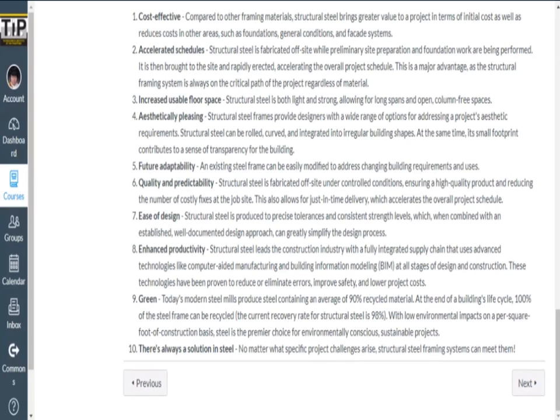Okay. Next, aesthetically pleasing. Structural steel frames provide designers with a wide range of options for addressing a project's aesthetic requirements. Structural steel can be rolled, curved, and integrated into irregular building shapes. At the same time, its small footprint contributes to a sense of transparency for the building. You can also use structural steel for facade.